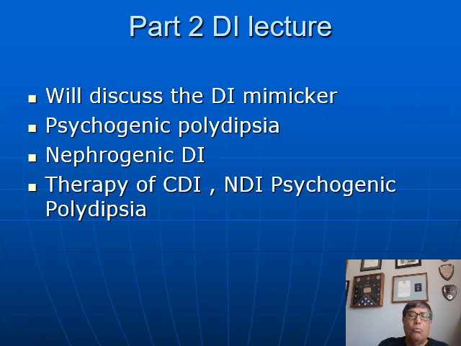I think those are more appropriate, so we'll talk about that when we go to that slide. Then the other one is nephrogenic diabetes insipidus, and then we'll discuss therapy of central diabetes insipidus, therapy of nephrogenic diabetes insipidus, and psychogenic polydipsia.